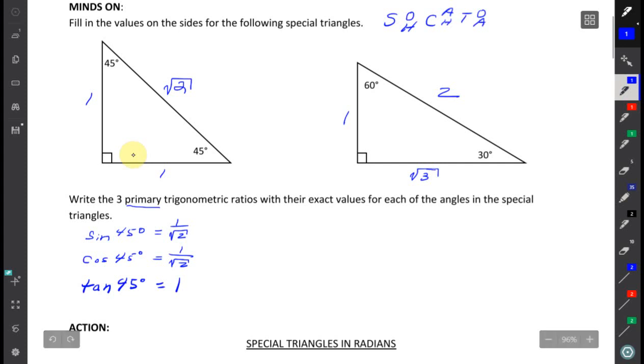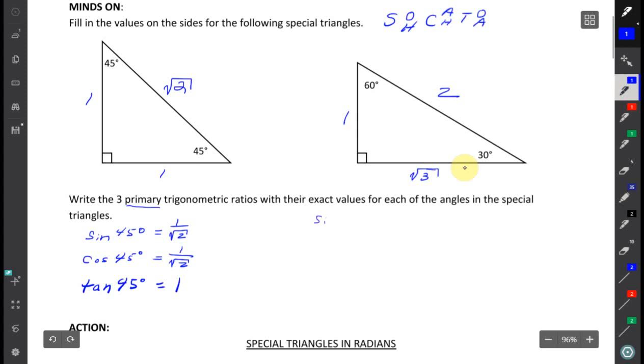Sine is the opposite over the hypotenuse, cos is the adjacent over the hypotenuse, and tan is the opposite over the adjacent. So now coming over to this triangle, we're going to do sine, cos, and tan of 30 and then of 60.